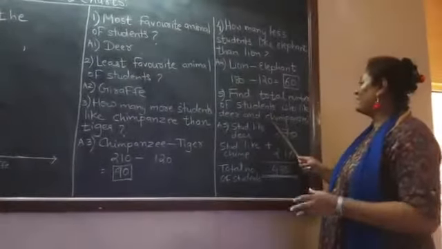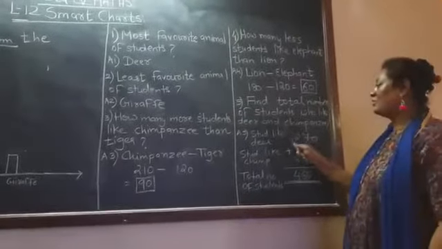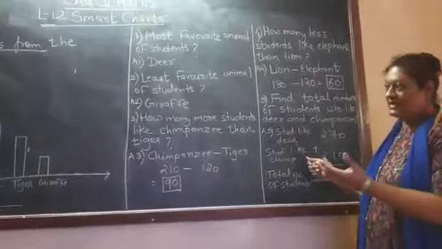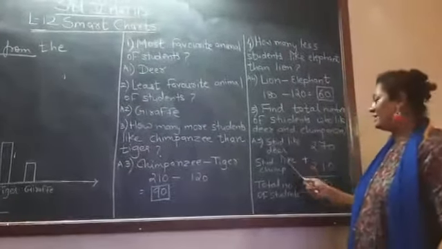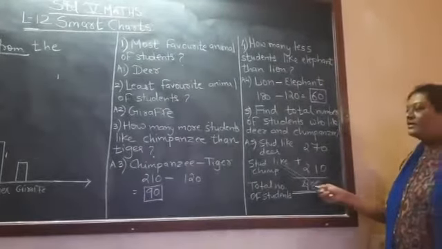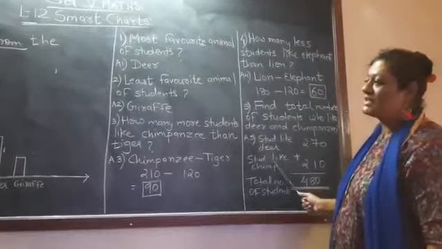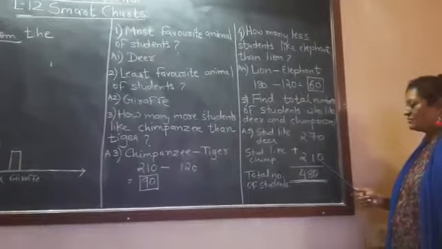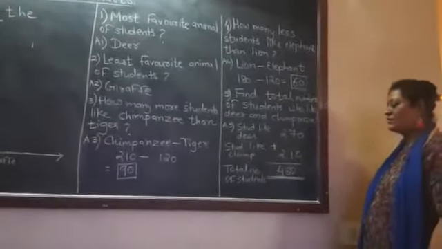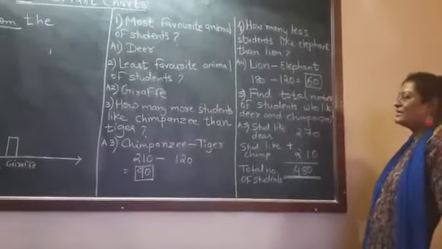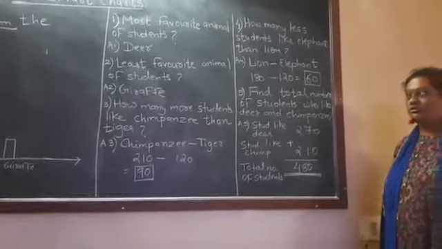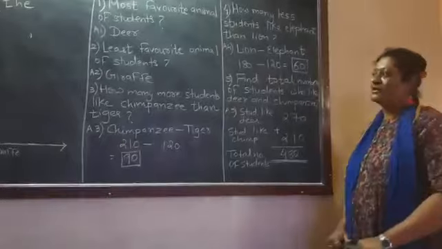So we have to find the total number of students who like deer and chimpanzee both. The number of students who like deer is 270, and the number who like chimpanzee is 210. So 270 plus 210, the total number of students who like deer and chimpanzee is 480. Hopefully this is clear to you.